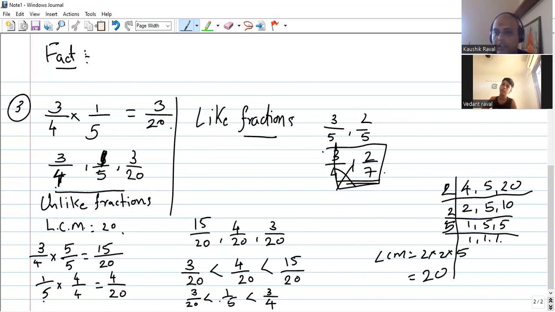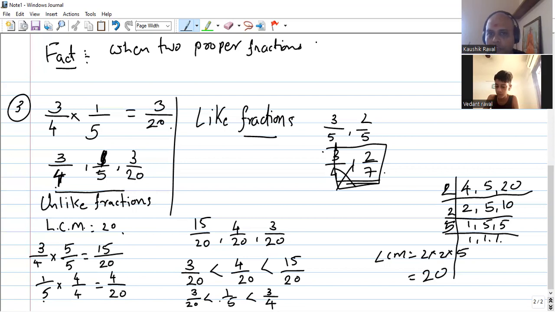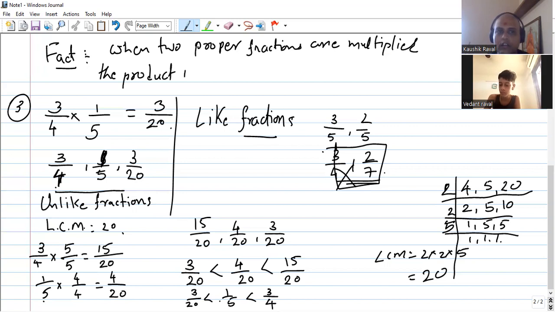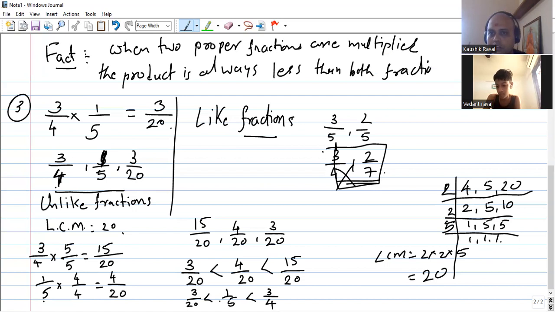Fact: when two proper fractions are multiplied, the product is always less than both fractions. This is an important fact.